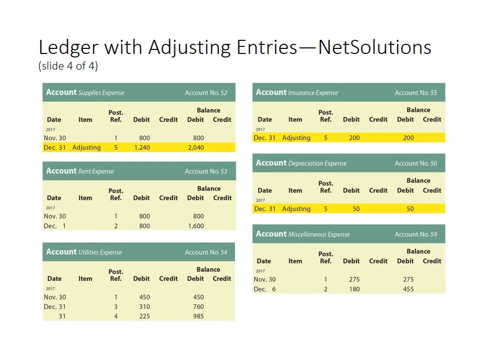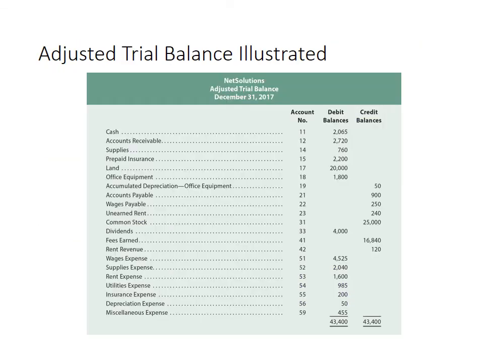Last page of adjusting entries, posted to the ledgers. Again, these are coming from the journal entries, the adjusting journal entries. Okay, and finally, we get to the adjusted trial balance of Net Solutions. And look at this, it all balances.